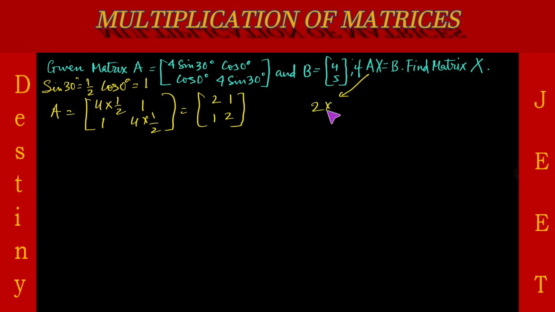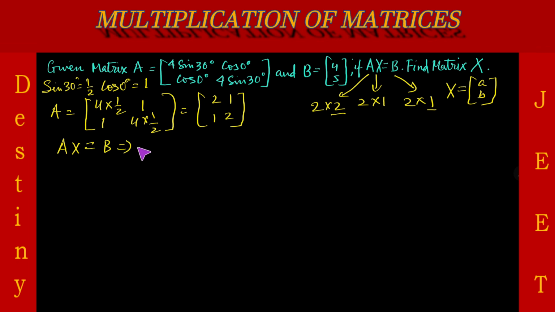One thing more here we have to understand: A's order is 2 into 2 and B's order is 2 into 1. Therefore we can find out the order of X, which will be 2 into 1. Let us assume the elements of X. Let it be a and b. Now we solve the equation AX is equal to B. We have A as 2, 1, 1, 2, X as a, b equal to B as 4, 5.